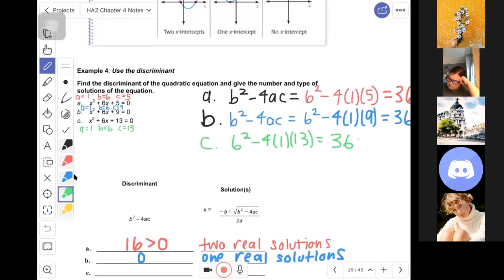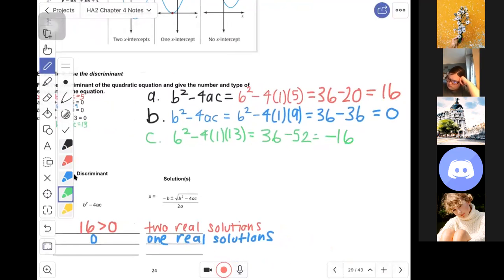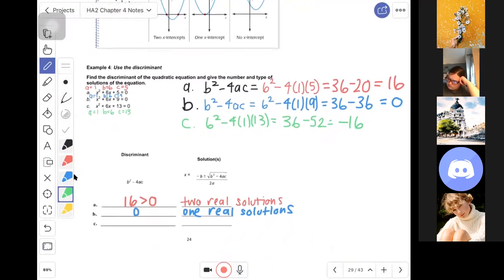Negative 52. Good. So then this ends up being negative 16. So we know that negative 16 is less than 0. It's negative. So then Jordan, what type of solution are we going to get for C? 2 imaginary solutions. Awesome.